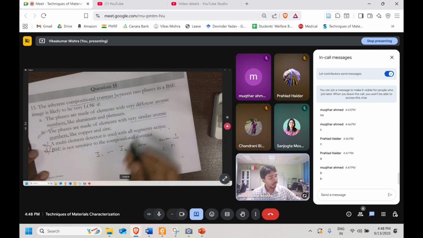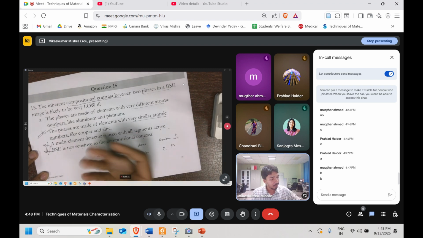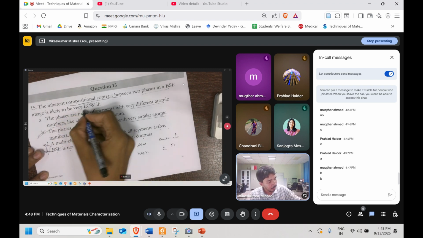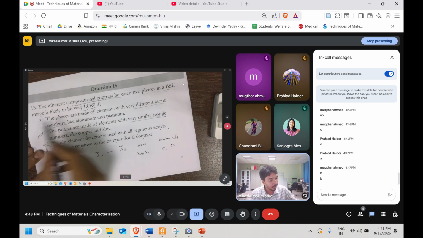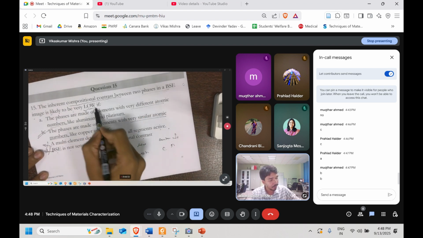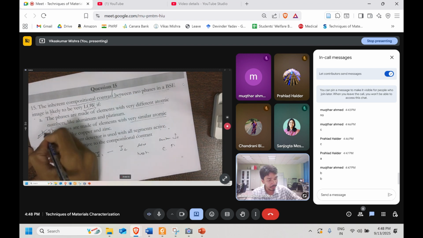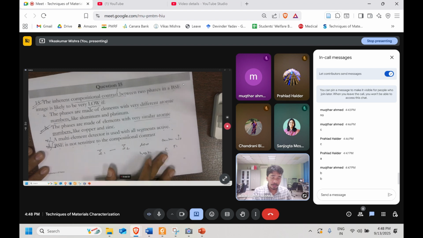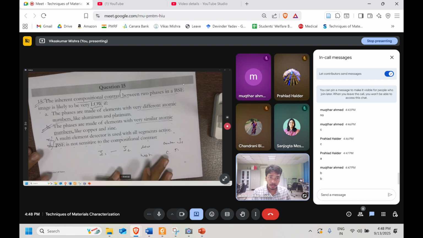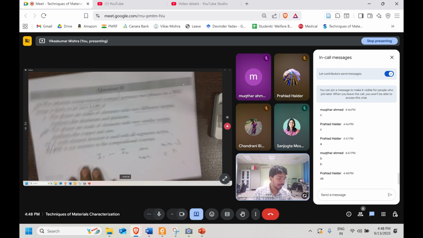That's why if the atomic numbers are very similar, we won't be able to see it. The option B is the right answer. Okay, is it clear? This part? Yeah, great.